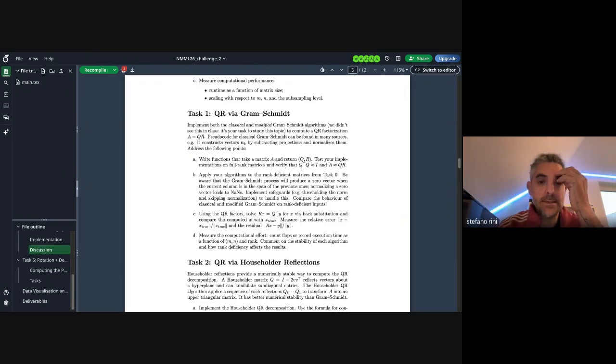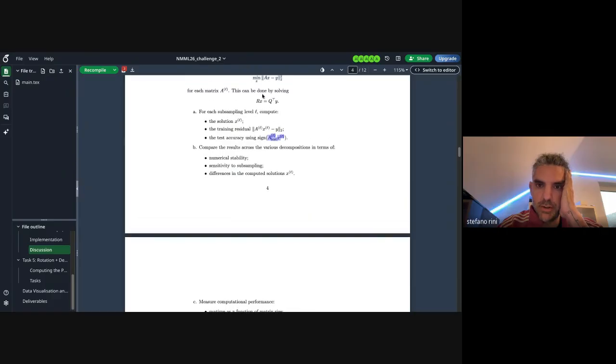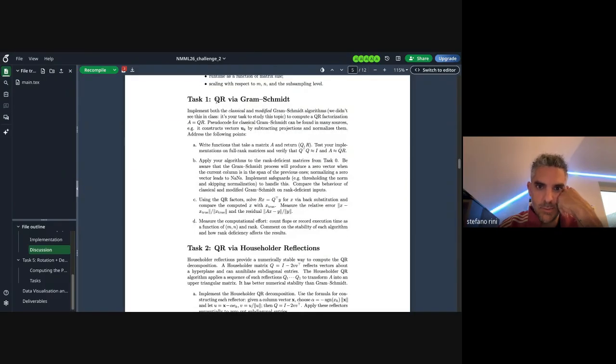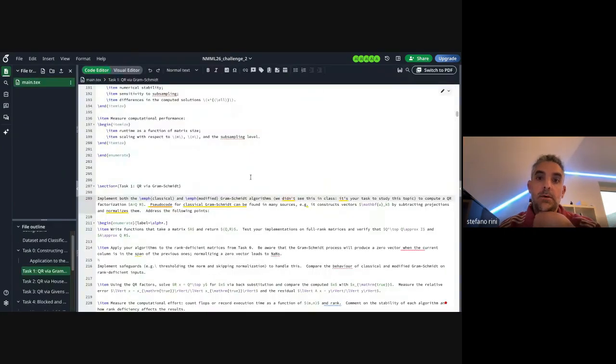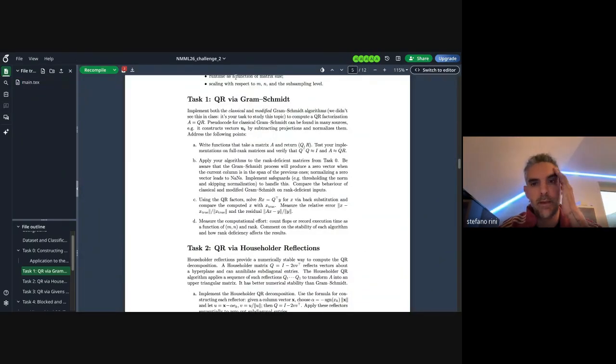Okay, so what we do next is take different approaches to the decomposition of the matrix A into QR. The one that we saw in class was the Gram-Schmidt procedure. In class, we only saw the classical one. There is a modified one.